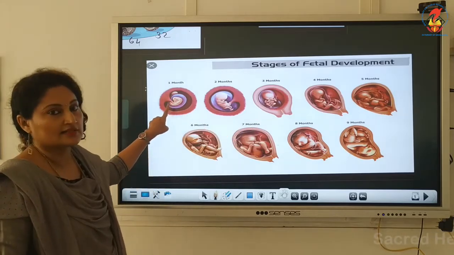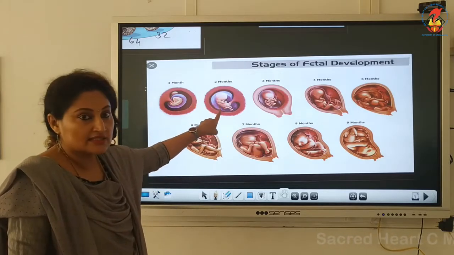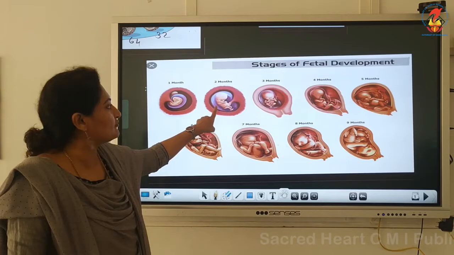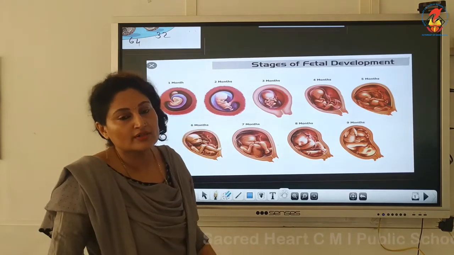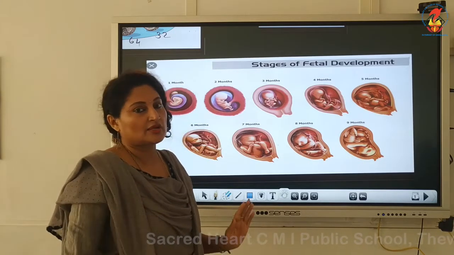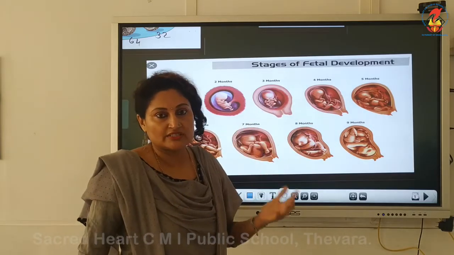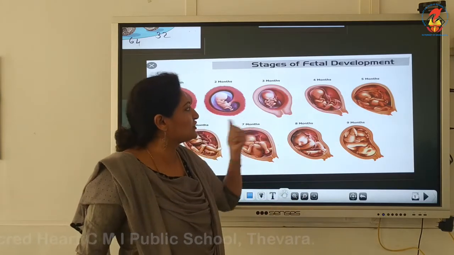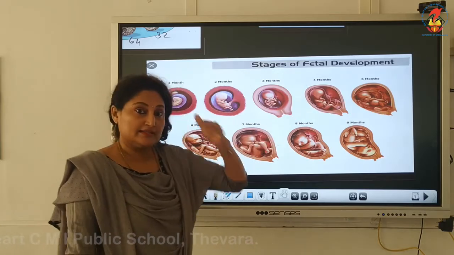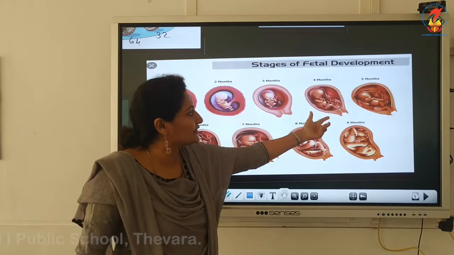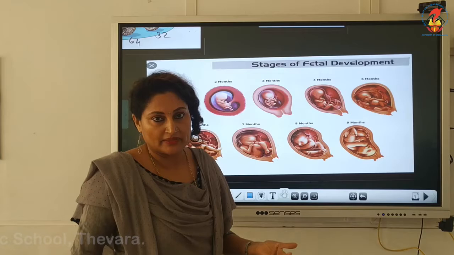So, once again, going through briefly the different changes occurring during the different months of gestation. The first month, the heart is formed. In the second month, limbs and digits are formed. In the third month, almost all the organs are formed. So, the first trimester is very crucial. Then moving to the 4th month, just body weight gain and bone strength. 5th month, the hairs on the head grow and the first fetal movements.